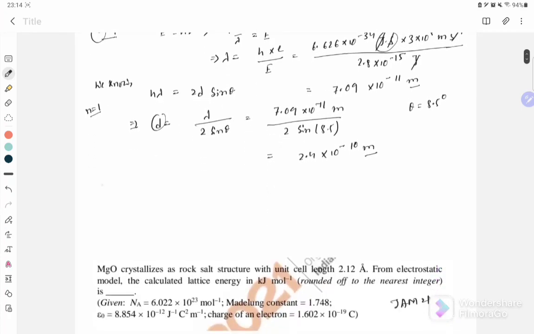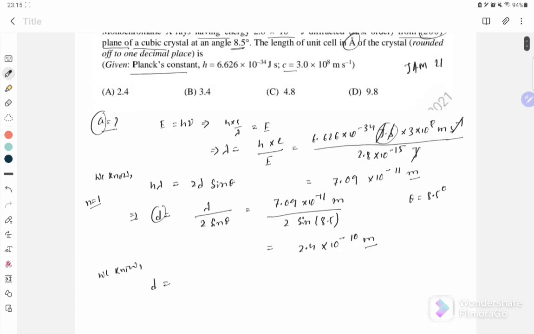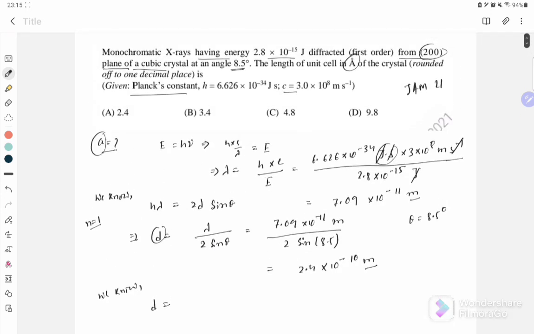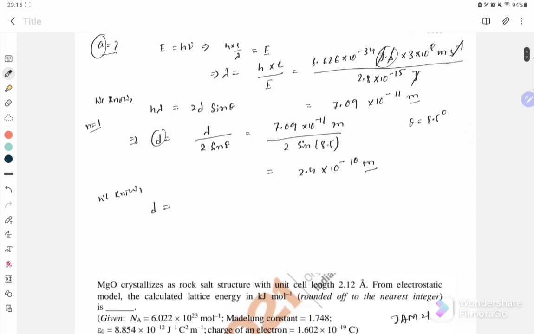How is this? Because we know d is equal to a by root over h square plus k square plus l square, as this is a cubic lattice, and the Miller index is the 200 plane.